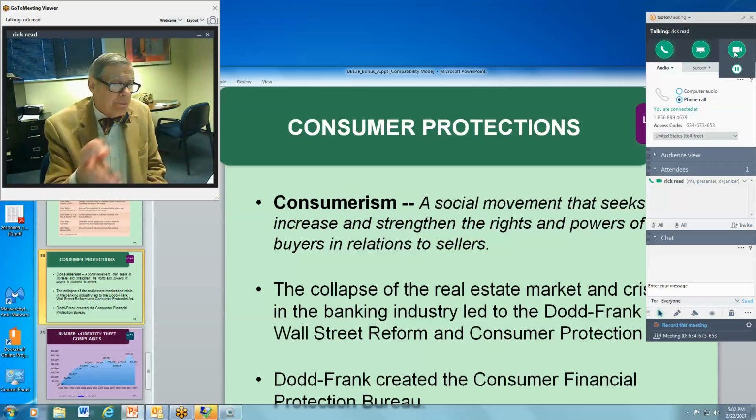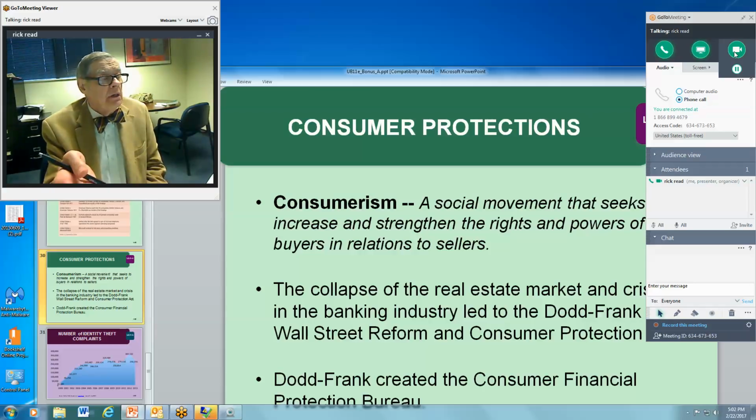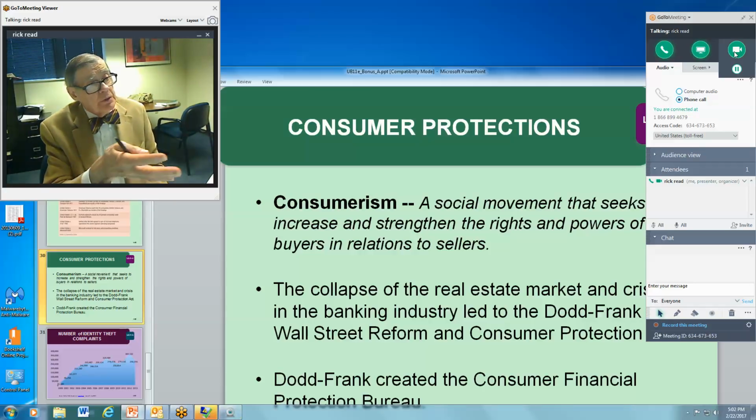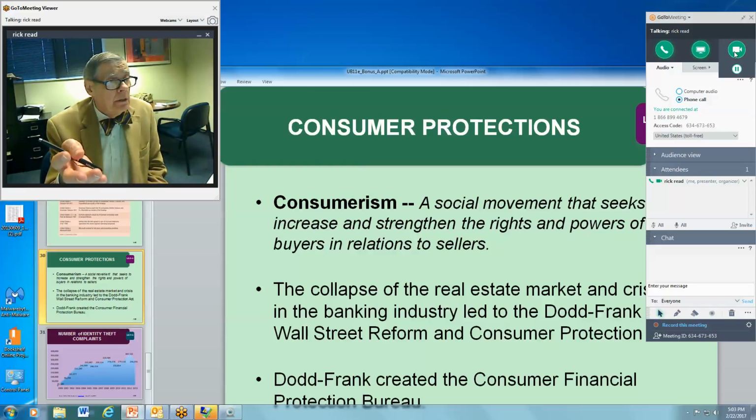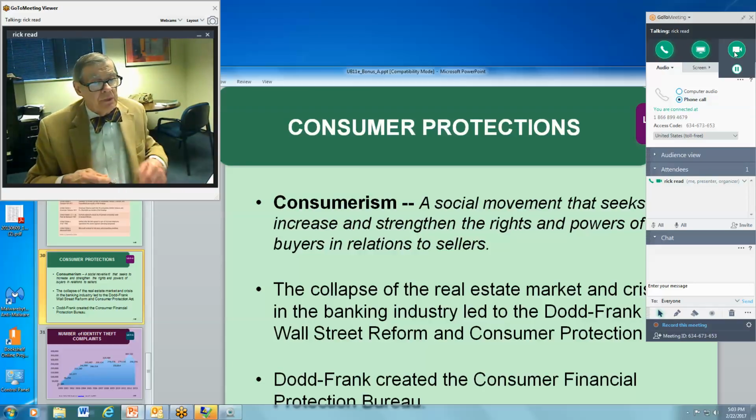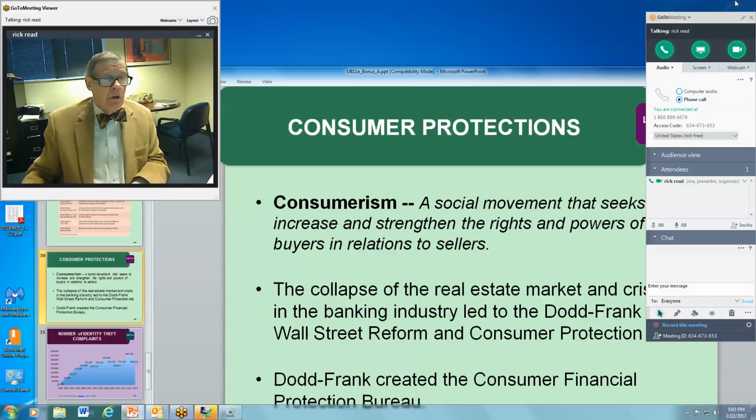The collapse of the real estate market caused the beginning of the Dodd-Frank Act, which we talked about to some extent in Chapter 20, and you saw in the video associated with Chapter 20, and led to some Wall Street reform, which again I think will be under assault with the new administration. Especially the last bullet, the Consumer Financial Protection Bureau.